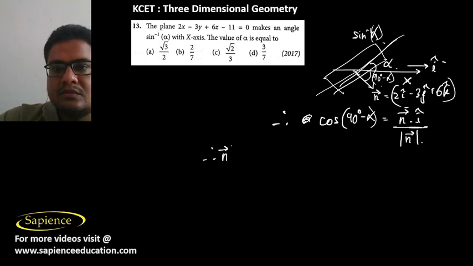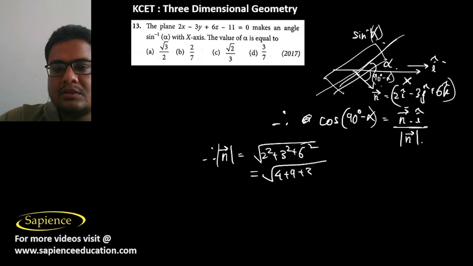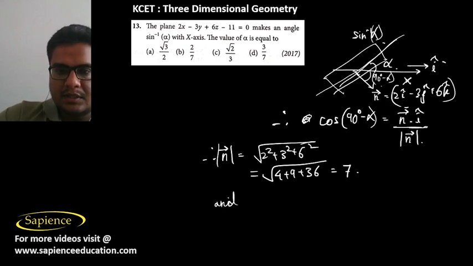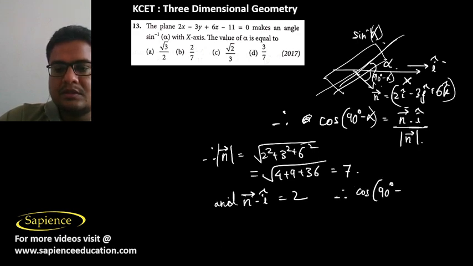Therefore, the magnitude of n vector is equal to root of 2 square plus 3 square plus 6 square, that is equal to square root of 4 plus 9 plus 36, square root of 49, that is 7. And n vector dot i cap is equal to 2. So therefore, cos (90 degree minus alpha) is equal to 2 by 7.